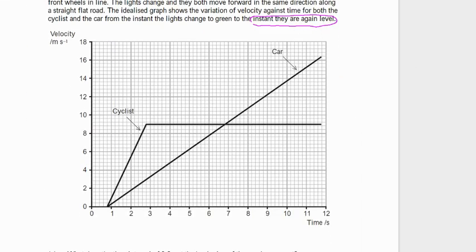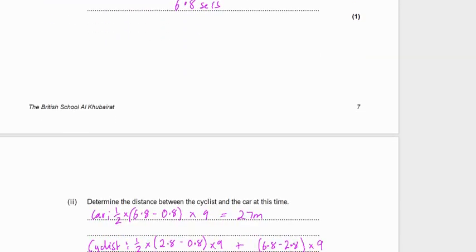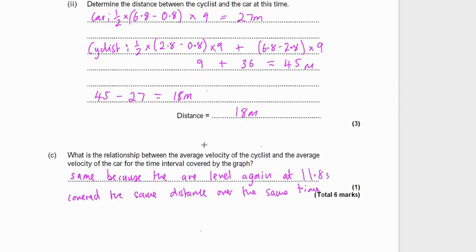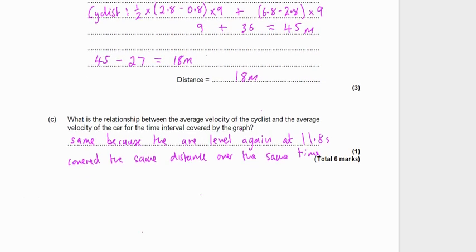So they traveled the same total distance after 11.8 seconds. They took the same amount of time to get there, so the total distance is exactly the same. The time is exactly the same, so they're going to have the same average speed. The total distance divided by the total time. And that's a bit of a trick question.